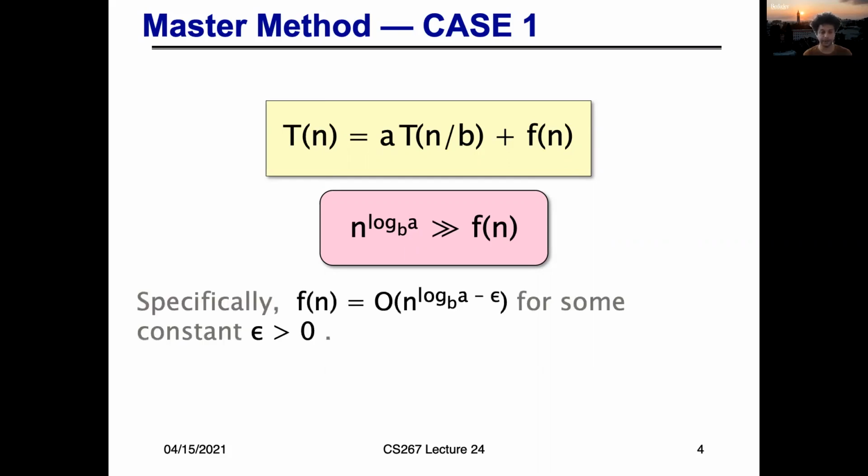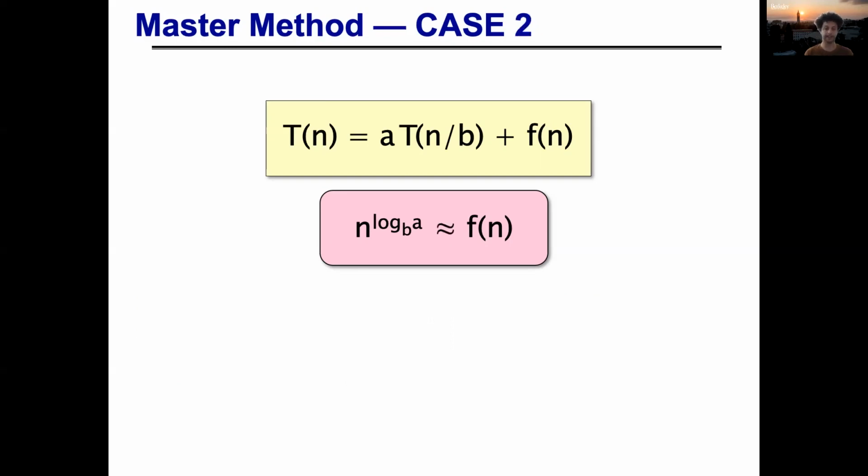Mathematically, significantly larger means, asymptotically, for some positive constant epsilon, f(n) should be n to the log base b of a minus epsilon. The solution in this case will just be n to the log base b of a, which means you can ignore the cost of the splits and combines and just look at the number of nodes in the recursion tree if you have materialized all of it in your mind. It doesn't need to be all in memory at once. And that's just going to be the total cost of the computation.